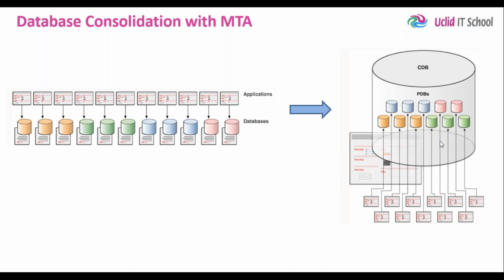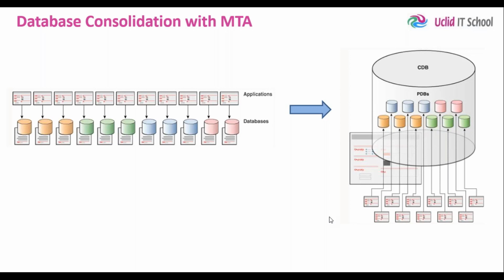So that way, instead of deploying these many databases, say around 10 or 11 databases, I deployed only one container database, and created these databases as pluggable databases inside it. So that way I consolidated them.